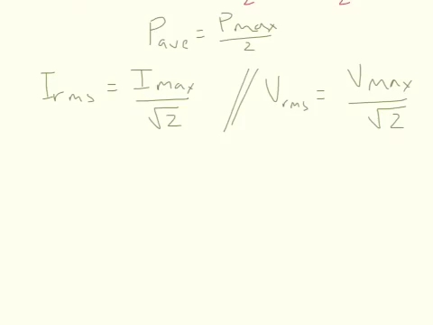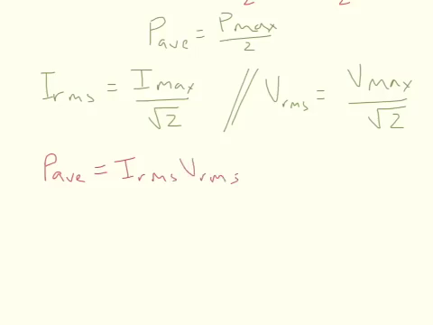So anyway, your average power, which is what we're trying to find, this DC equivalent, is going to be IRMS times by VRMS.